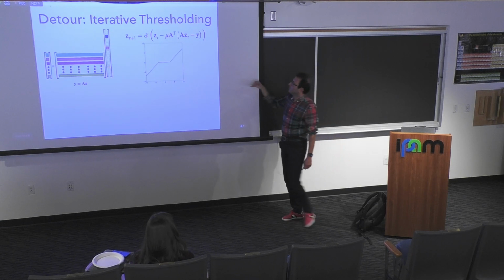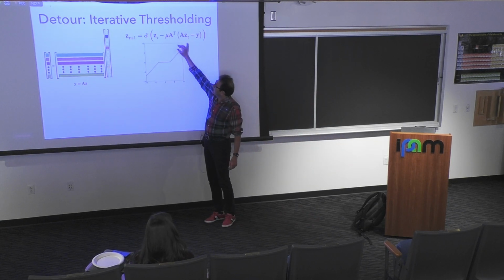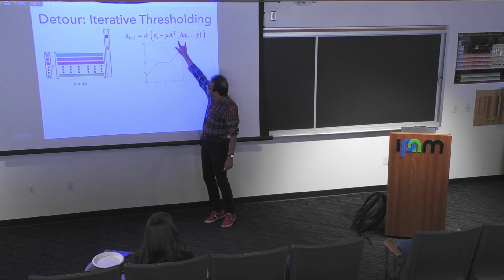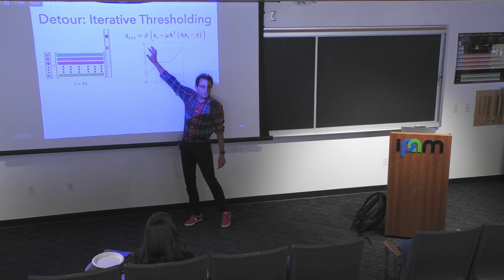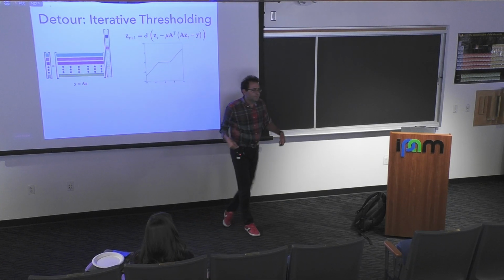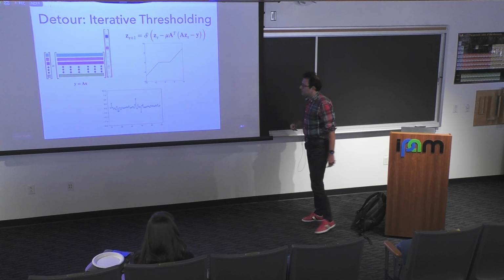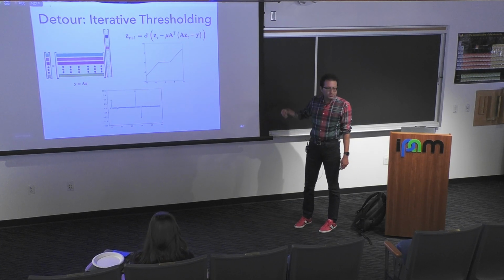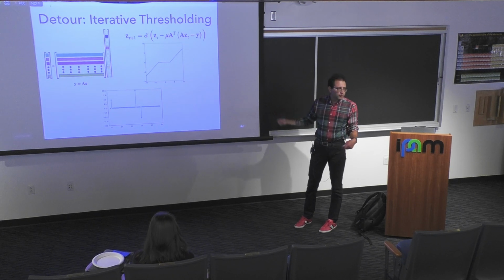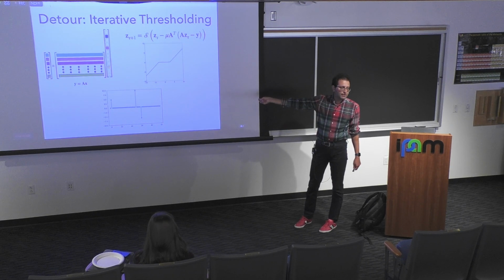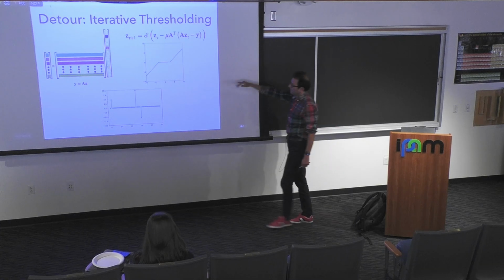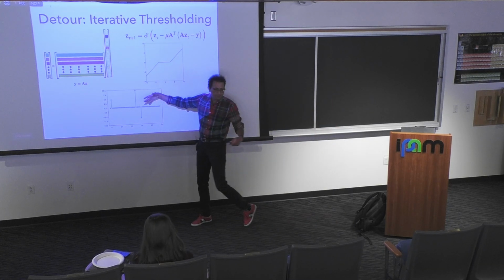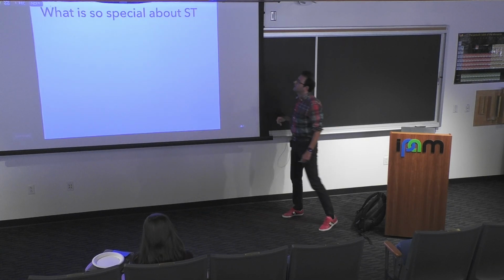So you do a data update based on consistency with your measurements, then you do some sort of thresholding to enforce your prior, in this case, sparsity. And this is what a video of that looks like. As you iterate, you denoise in some sense more and more, and you end up with the sparse solution, which is kind of like iterative denoising.